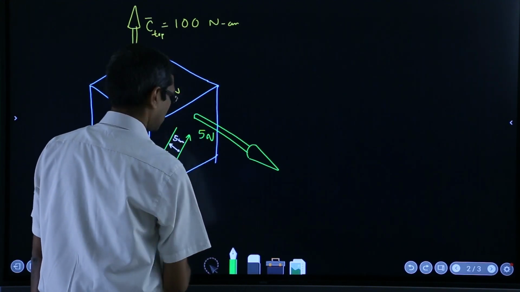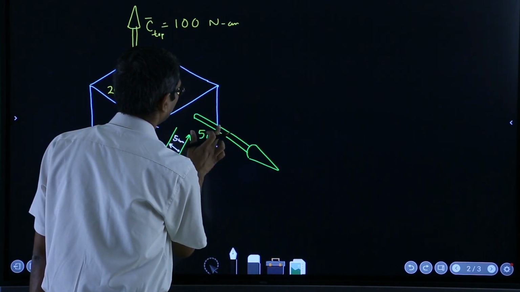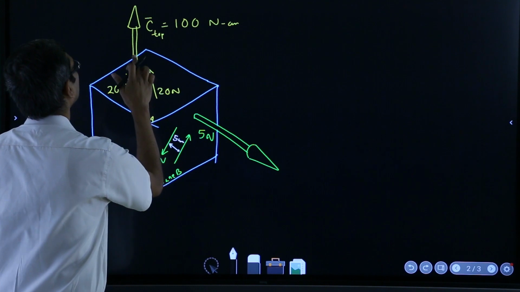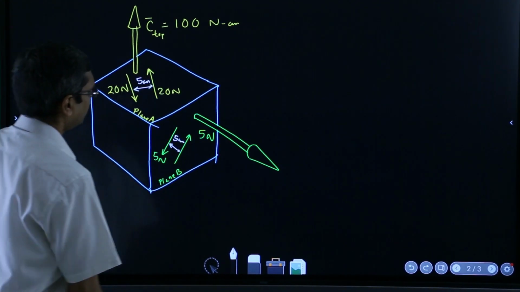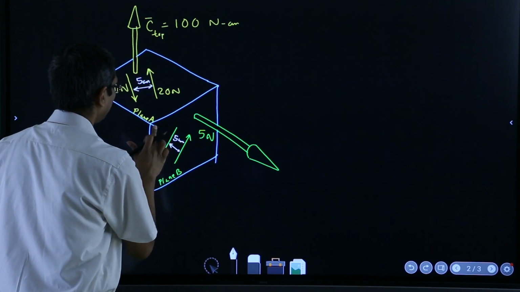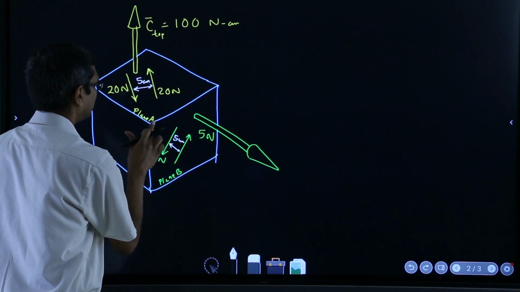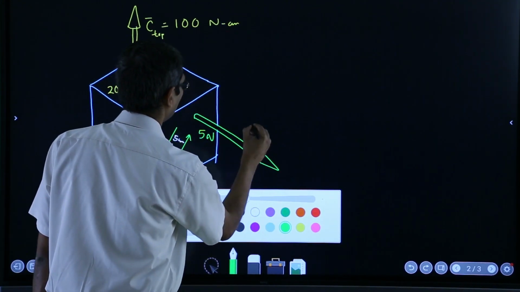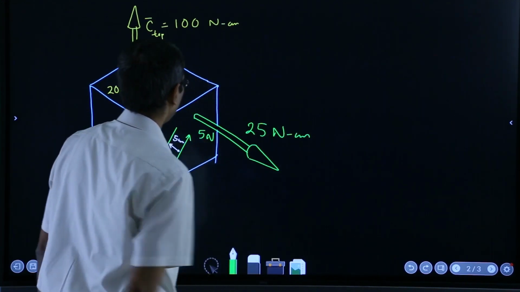Now this one, I'll erase this thing so that it will be clearer. Similarly here. Okay, I have come here, so I'll erase this also. I'll make it clear. Now, how much is that? This is around 25 newton centimeter, right?